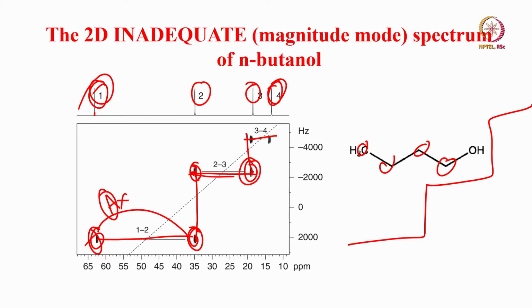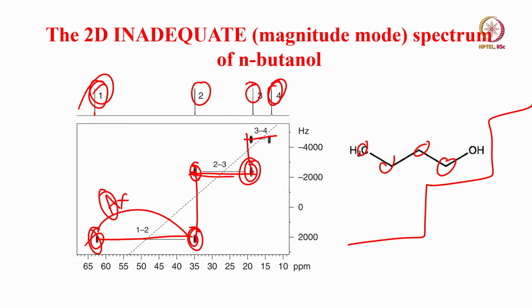So, this 2D connectivity is always given in a magnitude mode for various reasons, and what I wanted to show you is that in this 2D there is no diagonal, but there is a pseudo double quantum diagonal, and in the F2 dimension you get doublets corresponding to AX pattern, AX split doublets.